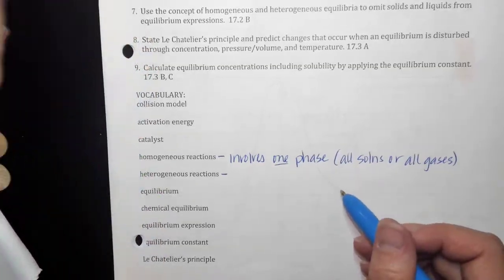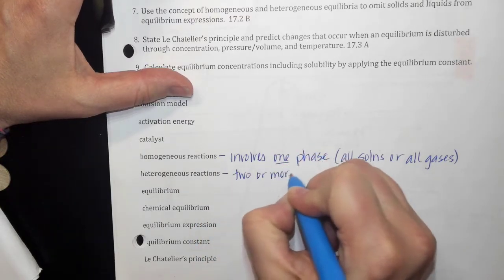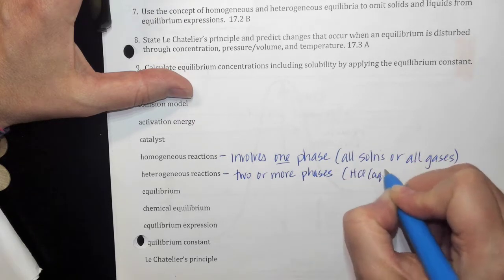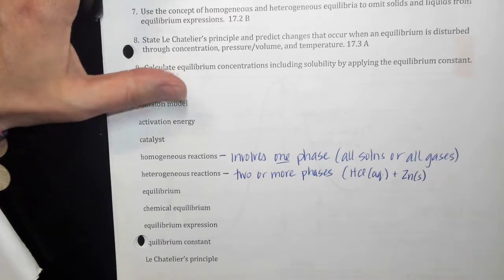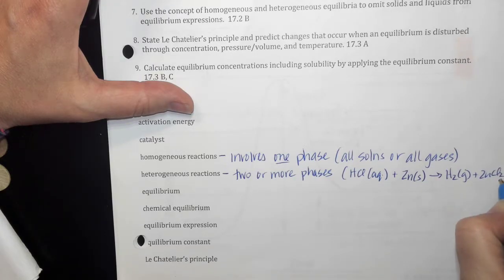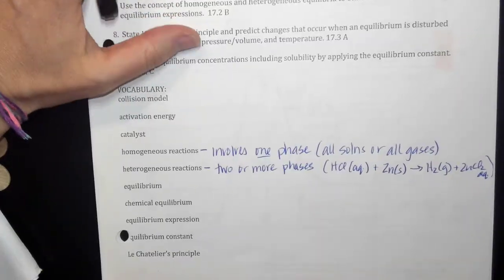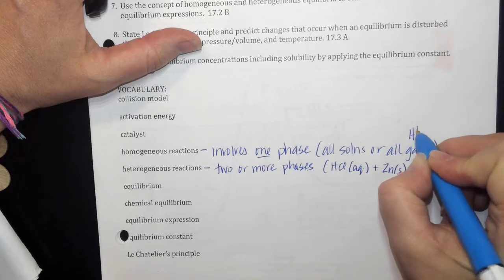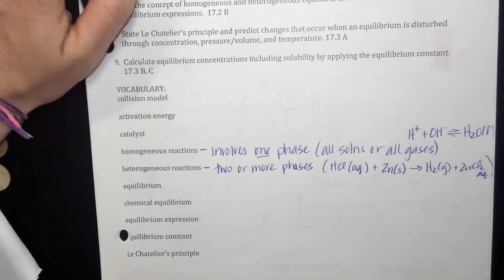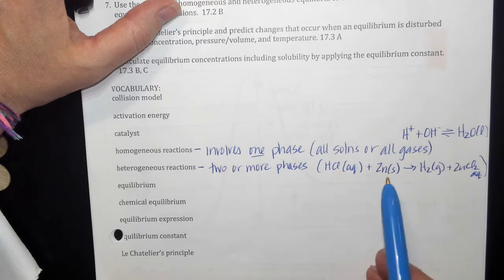So in a heterogeneous reaction, we have 2 or more phases, like hydrochloric acid solution and zinc solid, creating hydrogen gas and zinc chloride solution. This would be a homogeneous reaction, and water, H plus and OH minus, making liquid water would be an example of something all in one phase because this is all in solution.